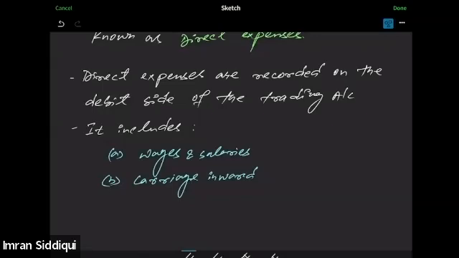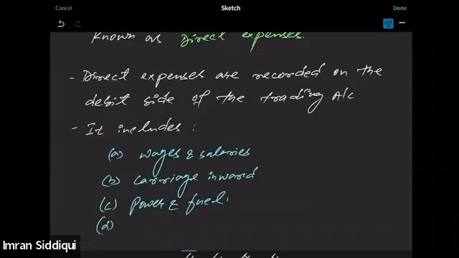Then if we have incurred expenses on production by way of power or fuel, power and fuel expense will also be part of the direct expense. Why? Because as I told you, whatever expenses we incur specifically for the production of goods will also be part of the direct expense.